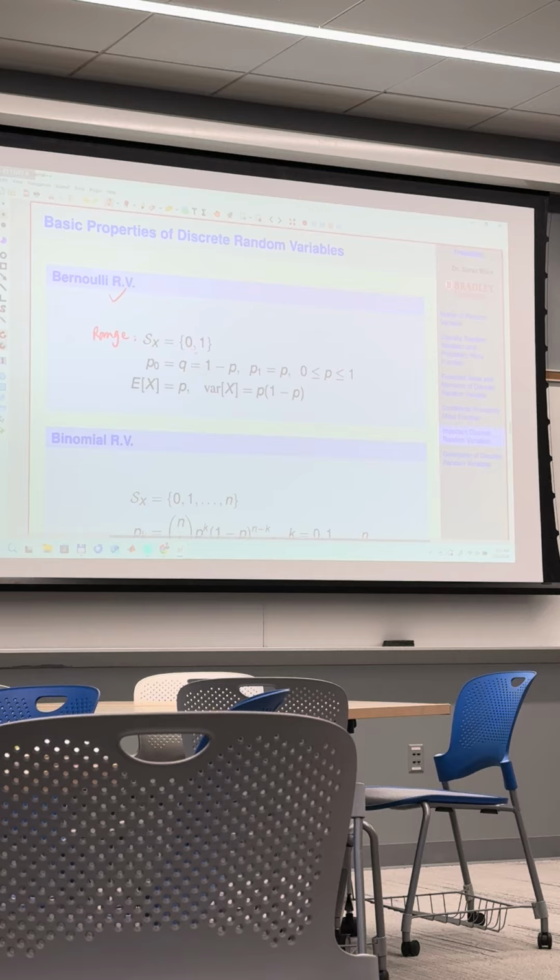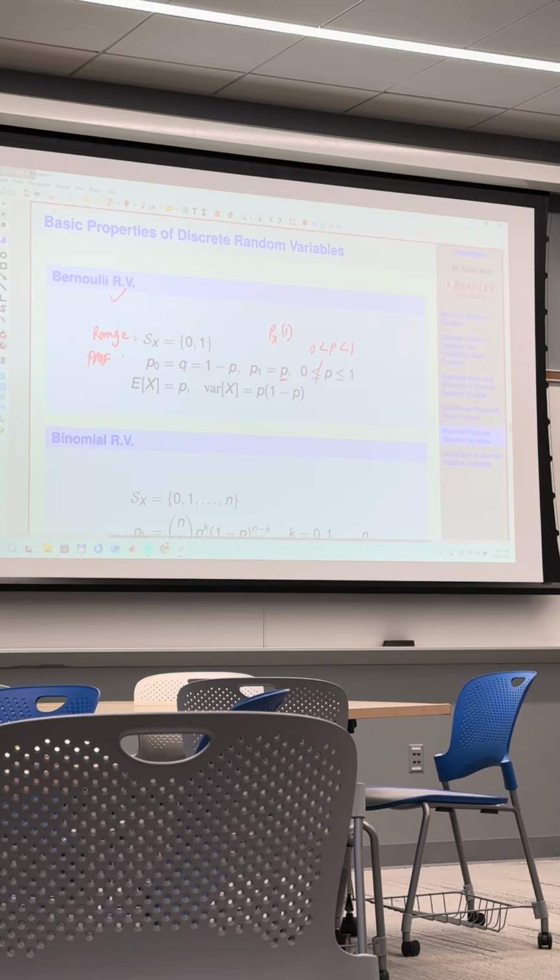S sub x is 0, 1, and binary random variable has PMF of random variable x taking value 0. PMF 0 means that its failure probability is q, which is 1 minus p, and 1. PMF of random variable x taking value 1, where x is a binary random variable, is simply p, where p takes values, actually it is 0 less than p less than 1.